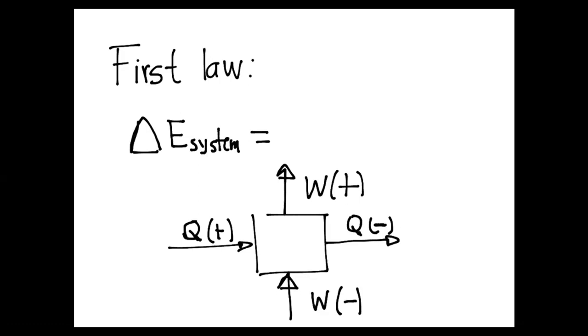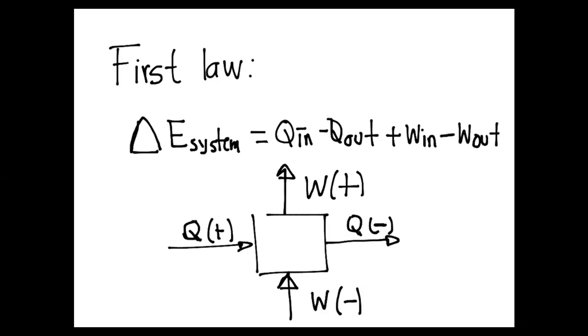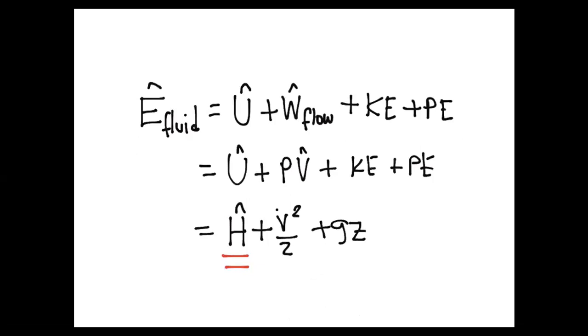So we can rewrite this as the heat that is going in minus the heat that is going out, plus the work that is going in, negative times the negative that we already had previously, it's positive, minus the work that we have out. And the change in energy in this system, since we have a fluid, is the change in the energy of the fluid.